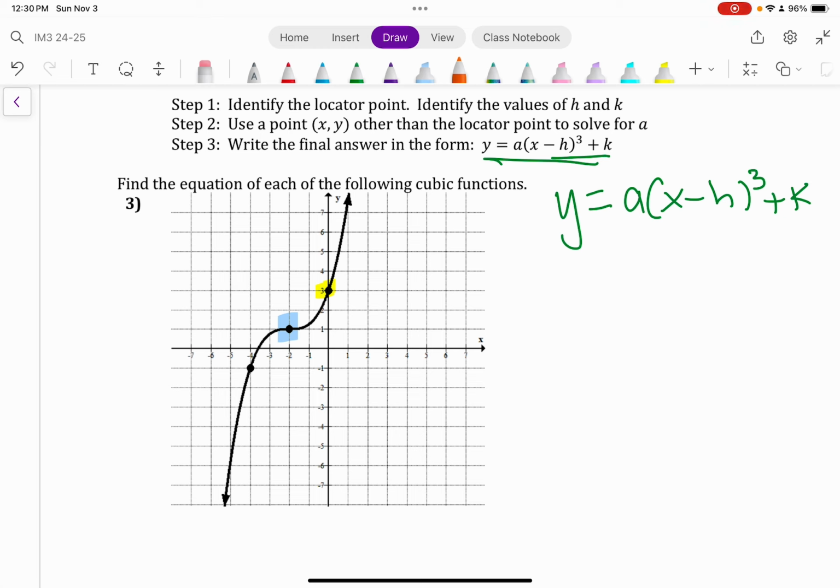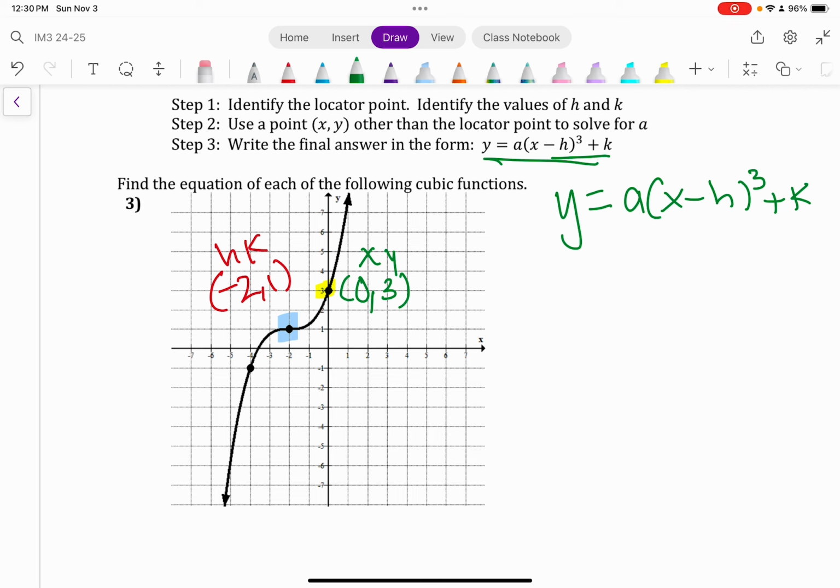We're going to replace x, y, h, and k. That's the second step. I'm going to label this just so you know what points I'm referring to. We have the point (-2, 1), which is my h and k, and we have the point (0, 3), which happens to be my x and y.